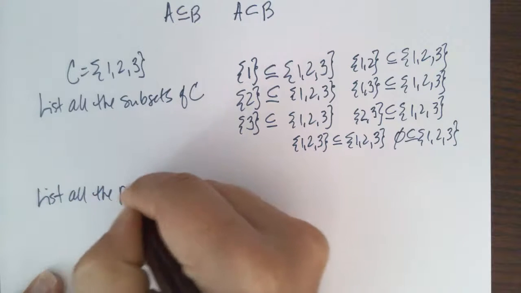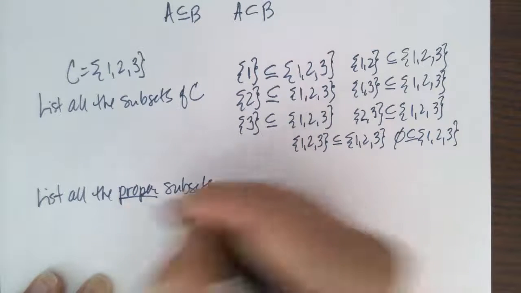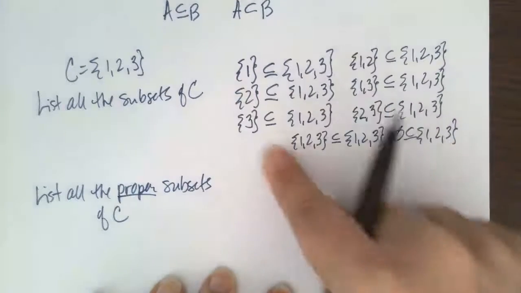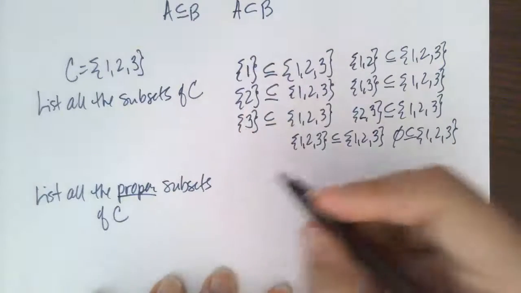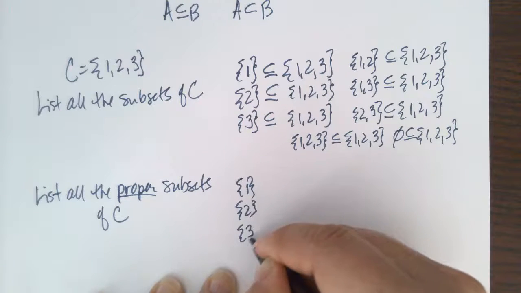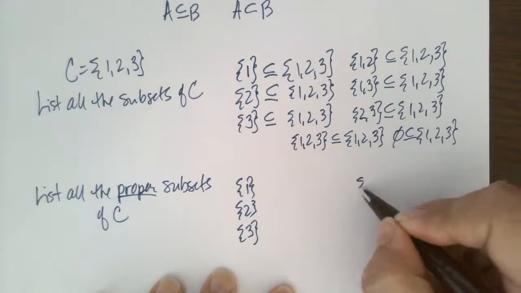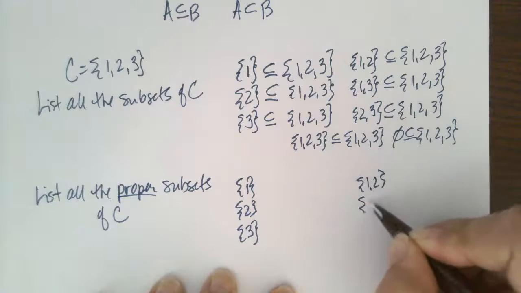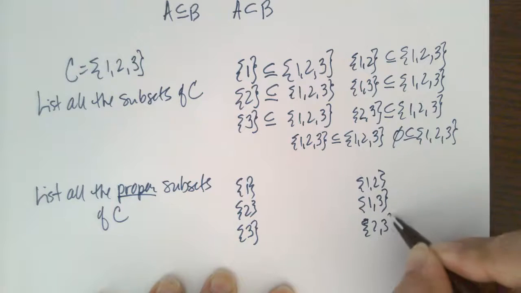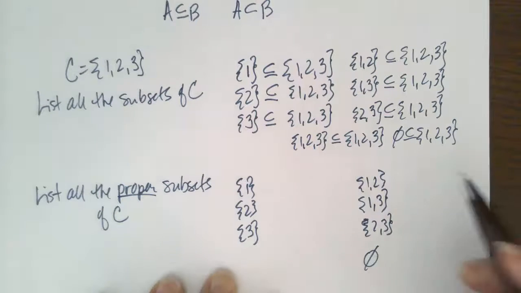Now, in terms of the proper subsets, all of the subsets listed here, {1}, {2}, and {3}, as well as all the ones with 2 elements, and the empty set are all proper subsets.